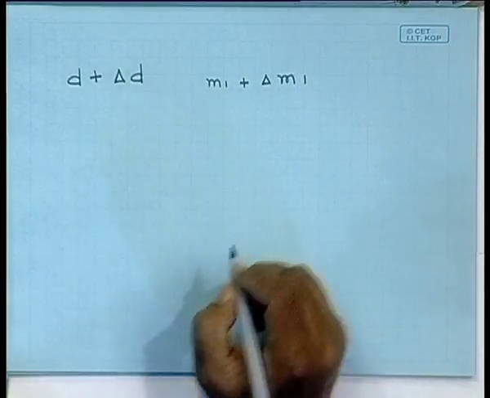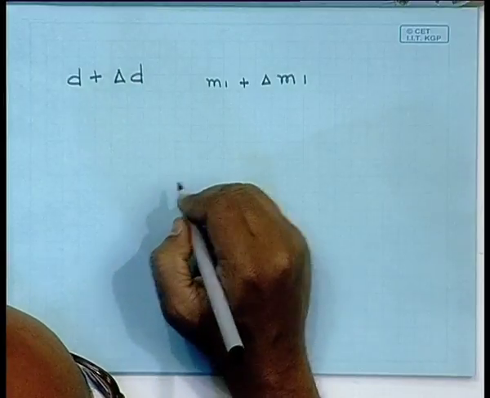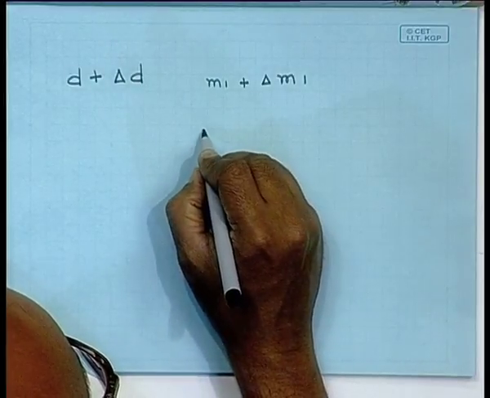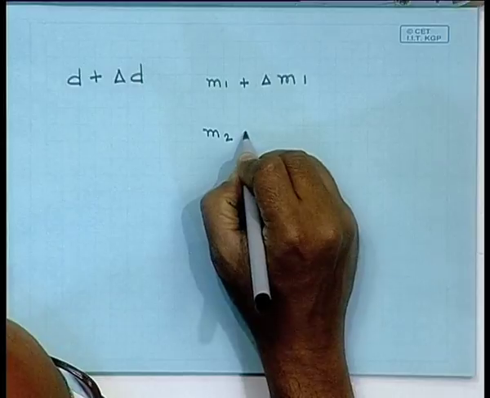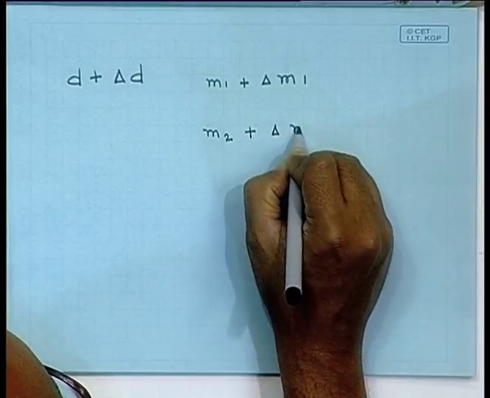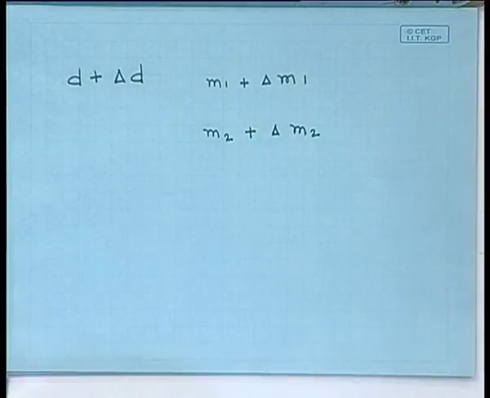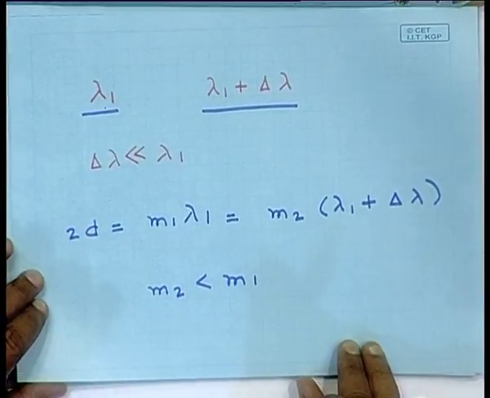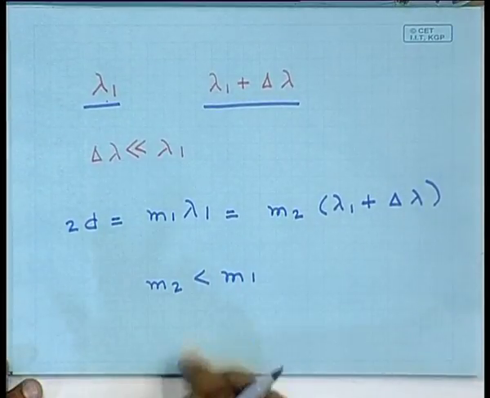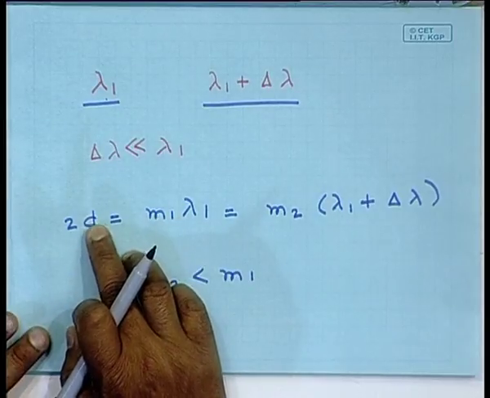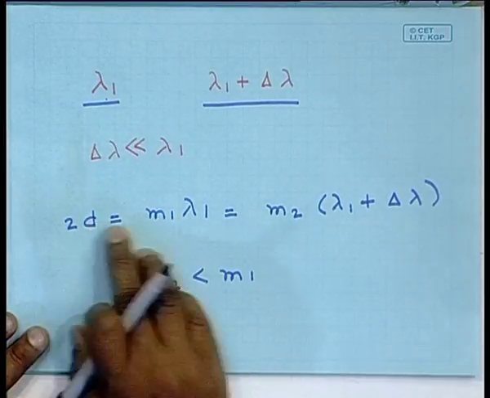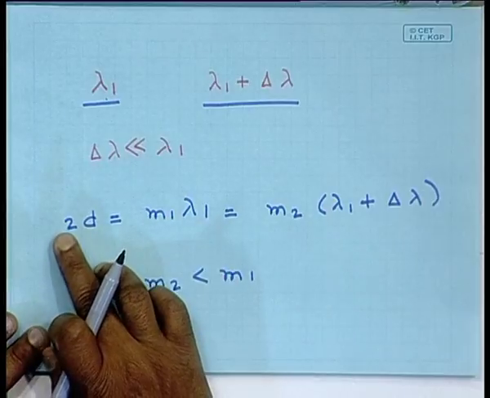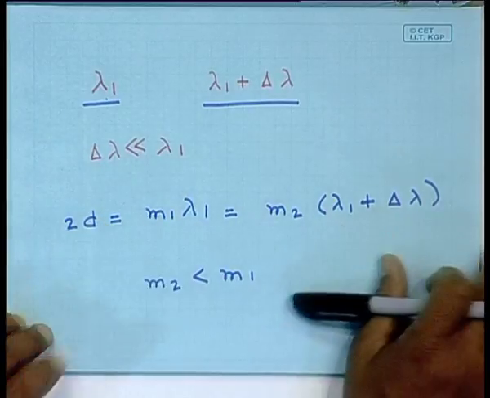For the wavelength lambda 1 plus delta lambda, I am going to have m2 plus delta m2. Now, let us ask the question, how much is delta m1? It is quite clear from here that if I increase the separation in the two arm lengths, m1 will increase by an amount which is twice the separation divided by lambda 1.